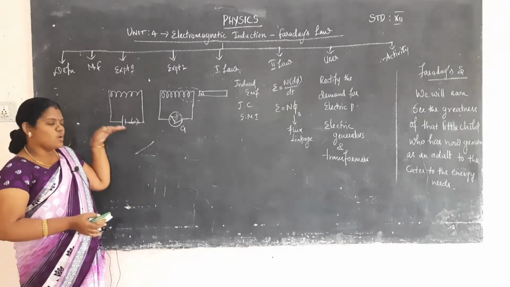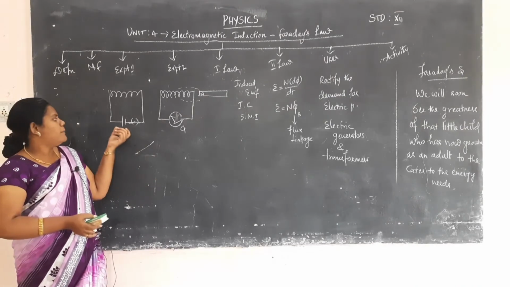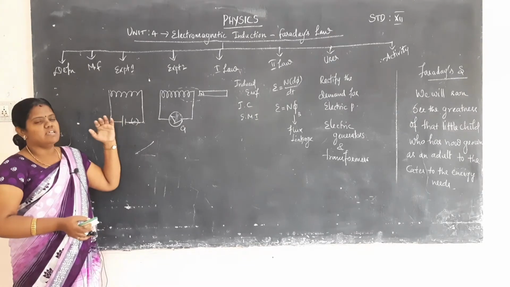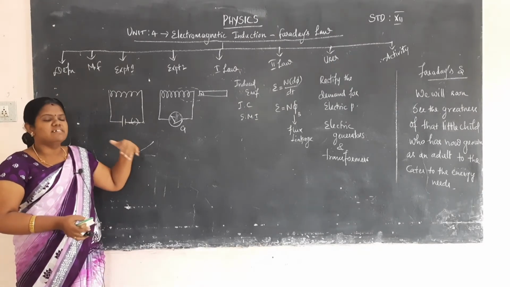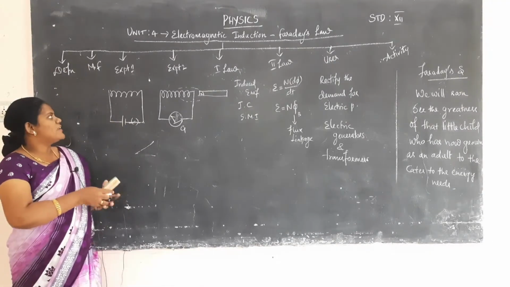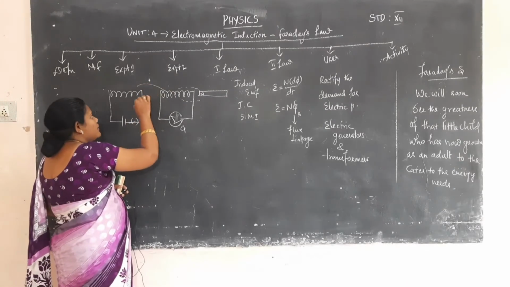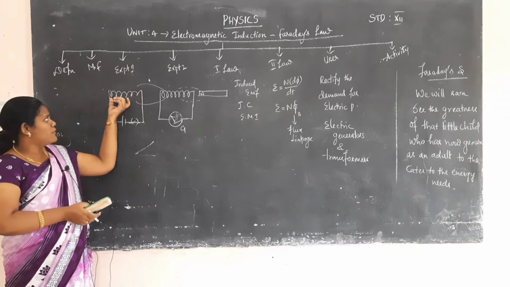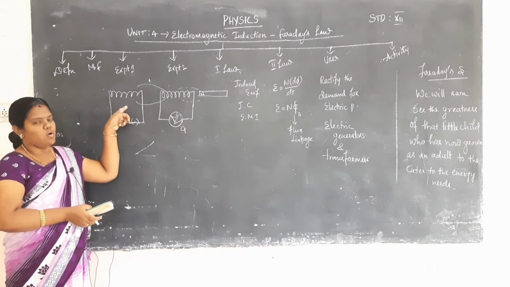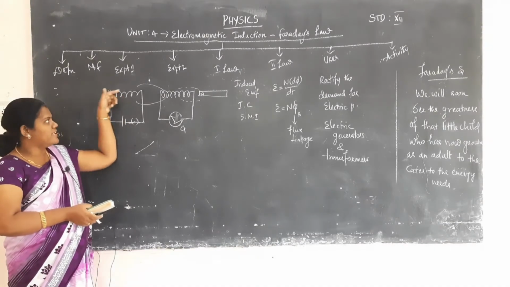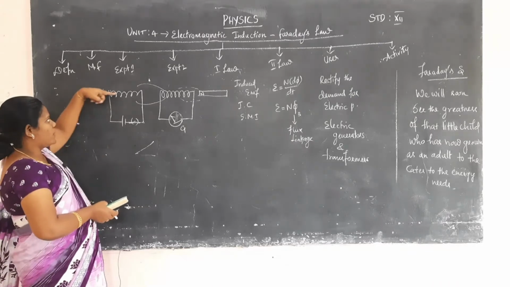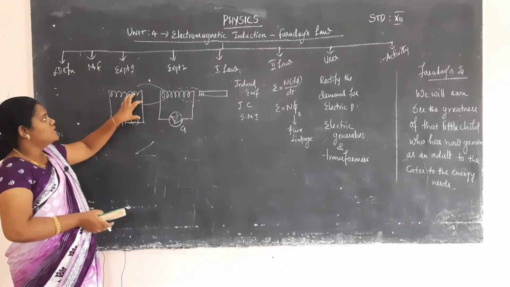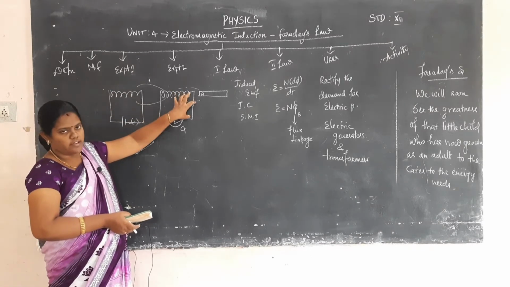Now we close the key. The battery gives current to the coil, and the current in the coil increases. The magnetic flux lines link with the other coil. As the current increases, a magnetic field is created in the middle of the coil, and this magnetic field links with the nearby coil.